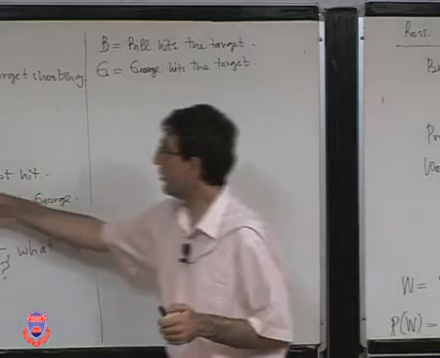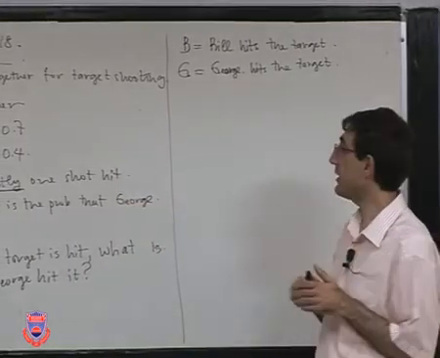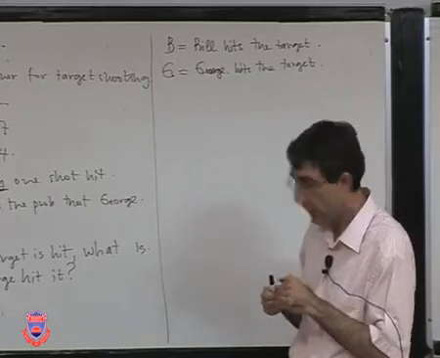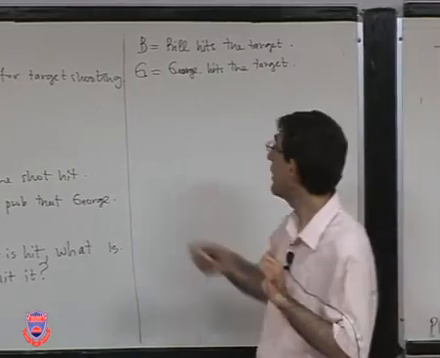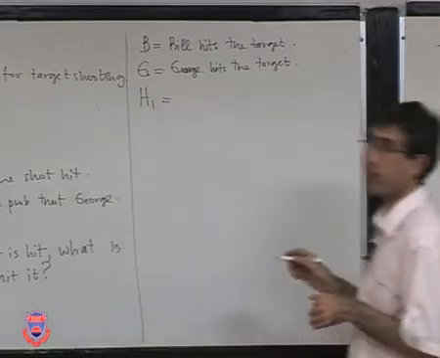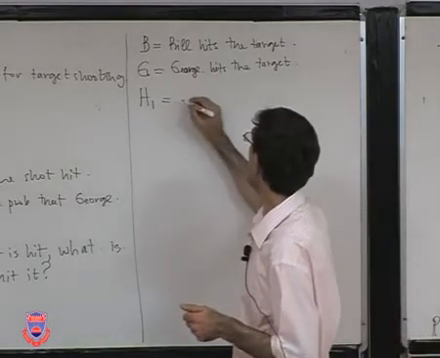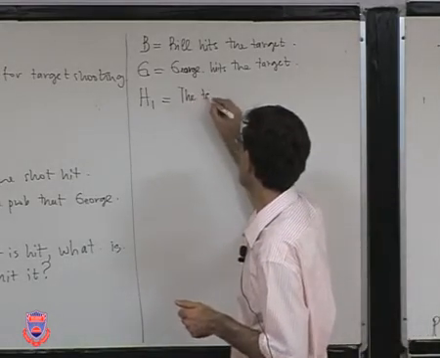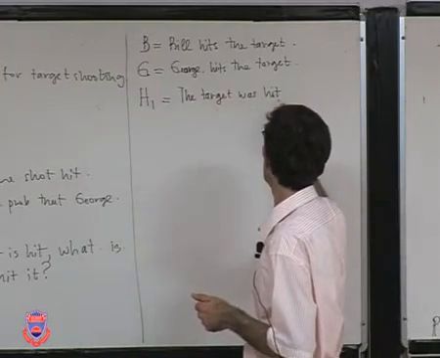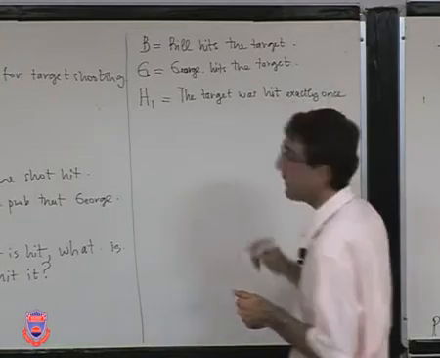Well, we need to somehow denote the events that the target has been hit exactly once or twice. You're free to pick any letter or notation, but I decided to pick H1. H sub 1 denotes the event that the target was hit exactly once.